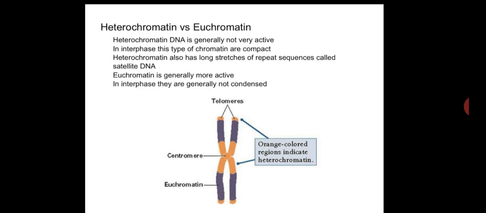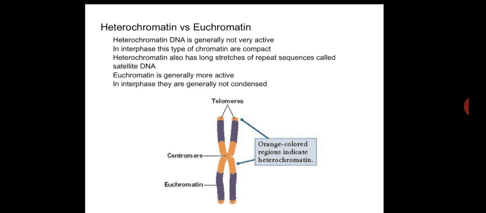They are inactive regions containing inactive DNA, and the DNA in this region is highly repetitive. These regions contain a small segment of DNA that is highly repeated. These highly repeated inactive DNAs are called satellite DNA.